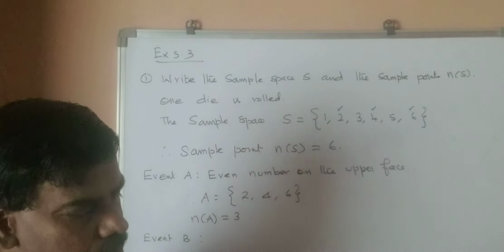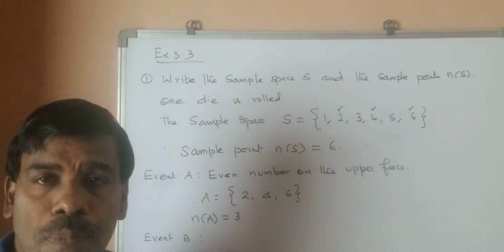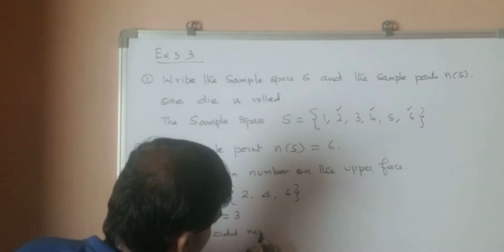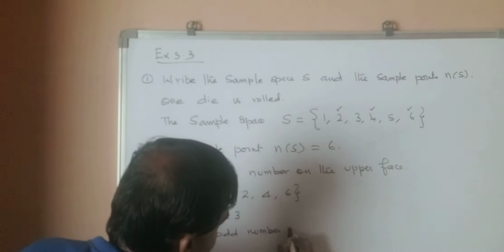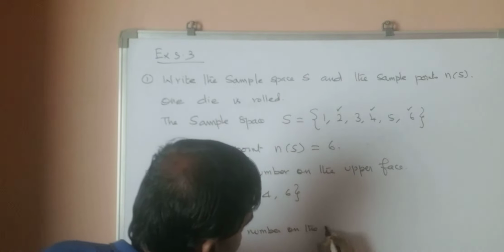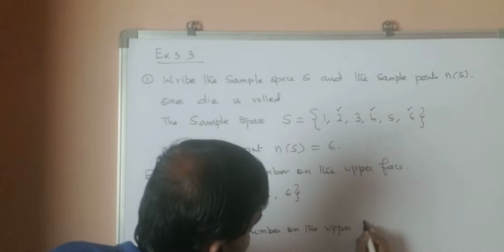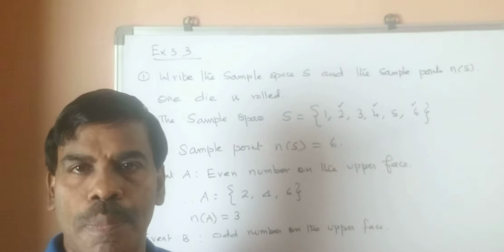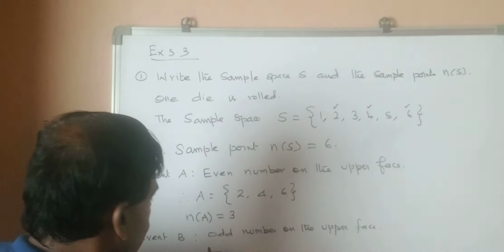Now another event B. What do they say? Odd number on the upper face. Okay.